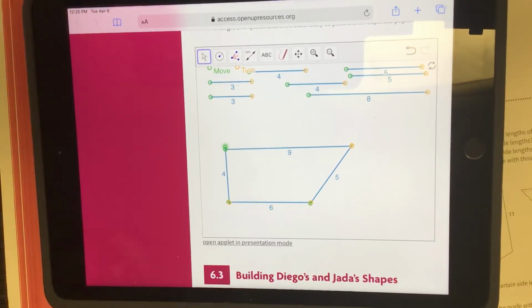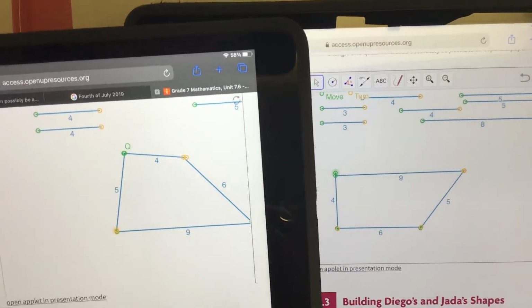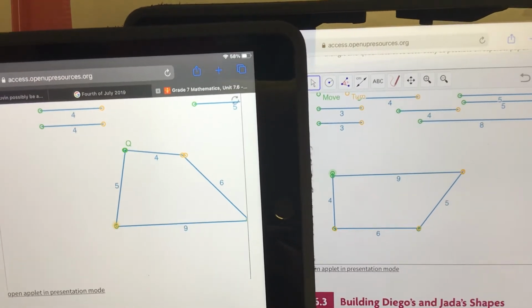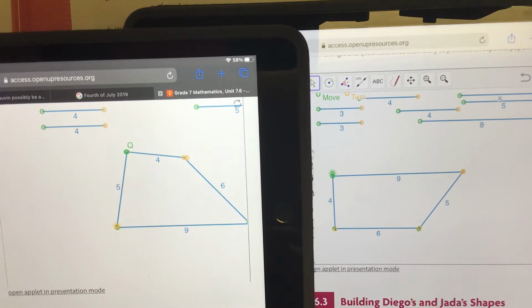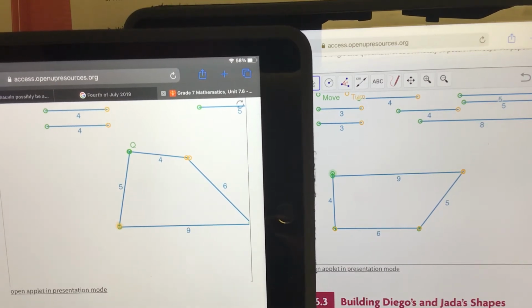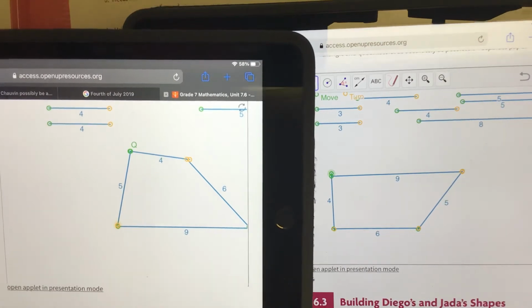All right, so take a look at these two. Similar, but are they exactly the same? Are they all going to have the same angle? No. So are those two shapes the same? No. Did they fit the criteria of what Diego was drawing? Yes.